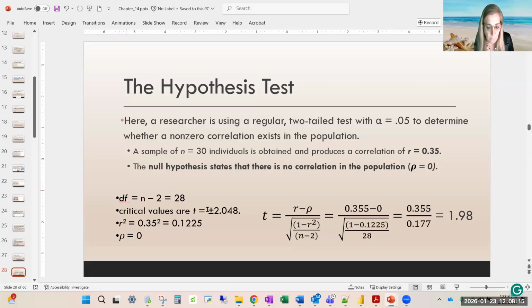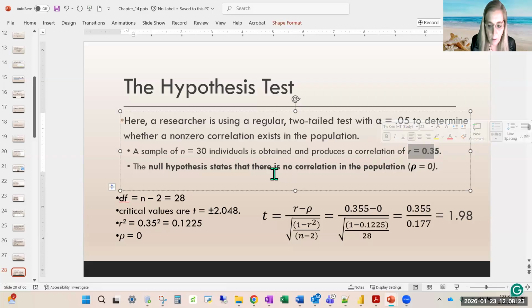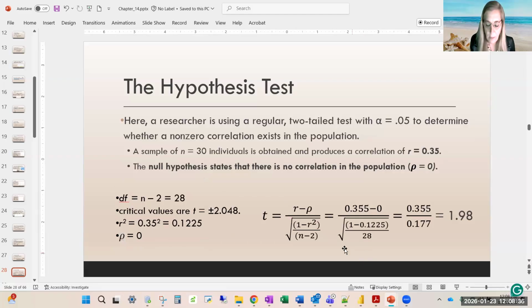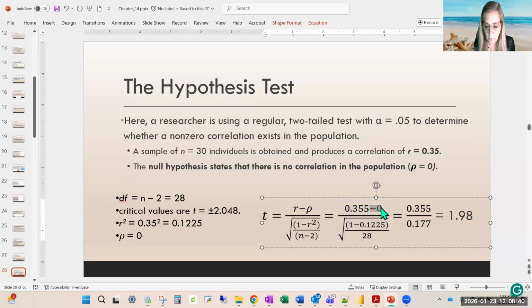All right. And then they calculated r squared, which we learn from the problem, since r equaled 0.35. To square that, you end up with 0.1225. And then rho equals 0 here. You can see how they calculated it, and since rho equals 0, that cancels itself out and you can place it here.